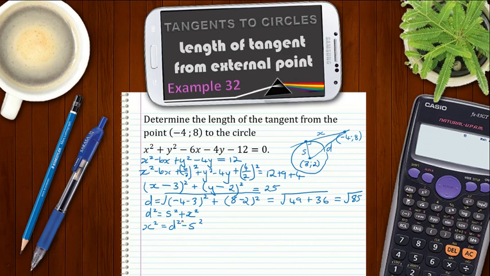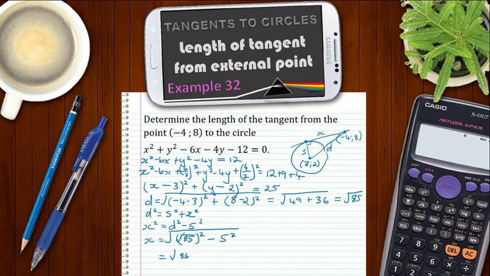Let's just substitute in the known values, and to find x, put x on its own, we square root this. So x then is the square root of, my distance is square root of 85, all squared, minus 5 squared, and the square root of that. And actually this is quite easy to do, because the square root and this 2 will cancel each other out.